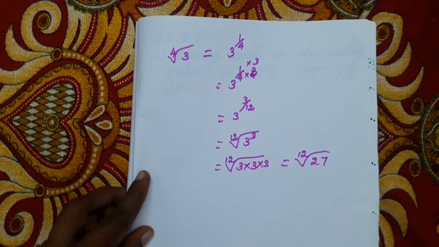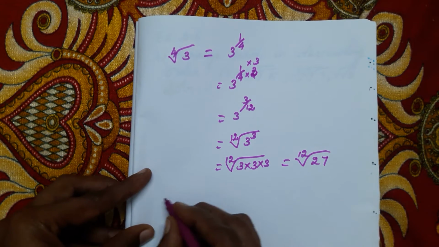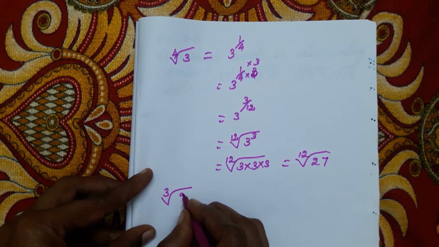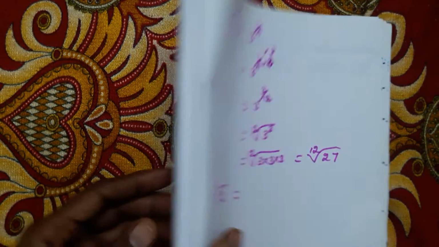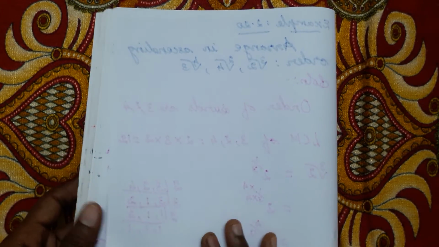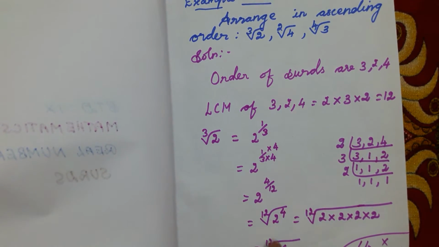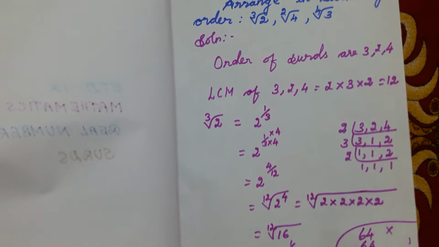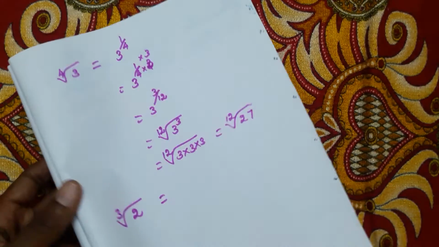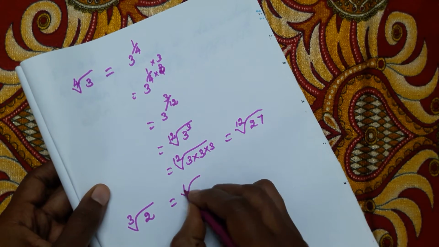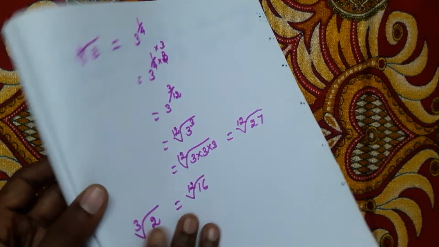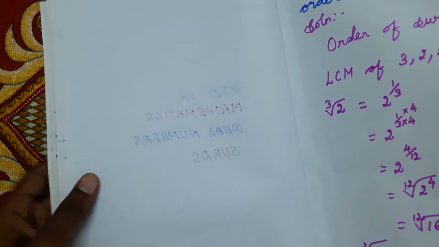First one, square root of cube root of 2. Cube root of 2 is equal to 12th root of 16. Second number, square root of 4.